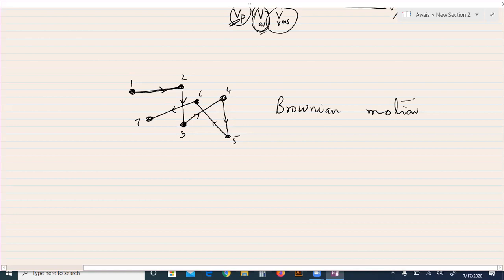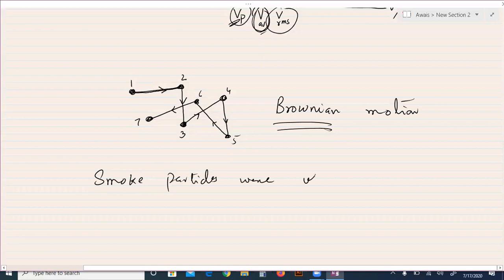So when a powerful microscope is used to examine the behavior of the molecules in the gas, this is actually the motion. According to Robert Brown, smoke particles were used to make gas molecules visible, because the air molecules are not visible.